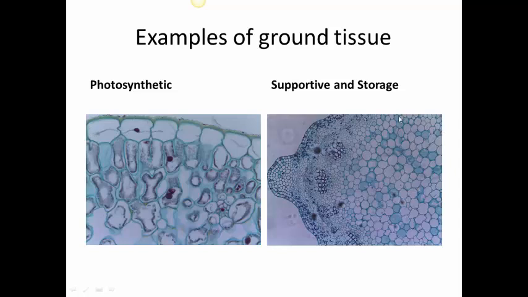Recall that in the stem, the ground tissue is in the center, and then also a little strip to the outside of these vascular bundles. But this little edge out here, you can kind of see how the cell walls are a little bit thicker. That would be an example of a cell type of ground tissue that provides the flexible support for a growing plant organ.